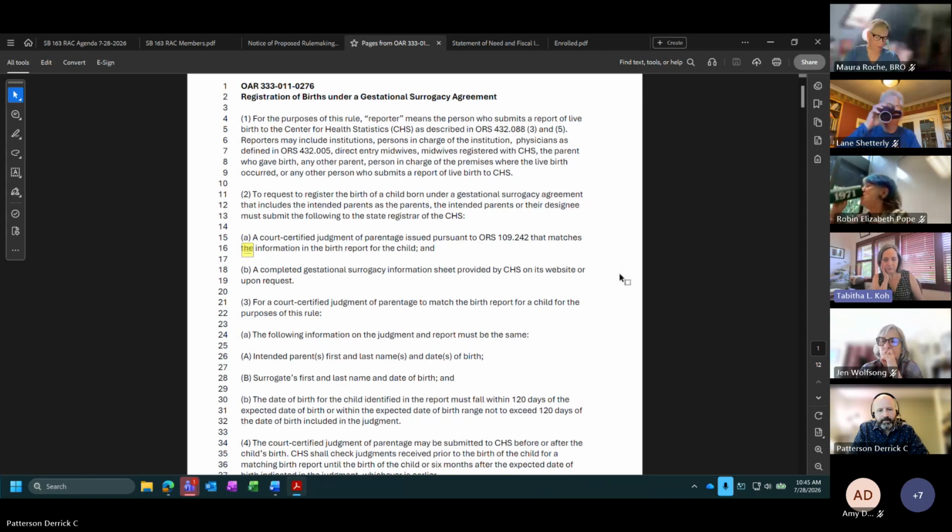And it looks like these OARs are setting it out so that parentage can only be established after a judgment is obtained. I just want to note that that's not the only path we could have chosen. Thank you.